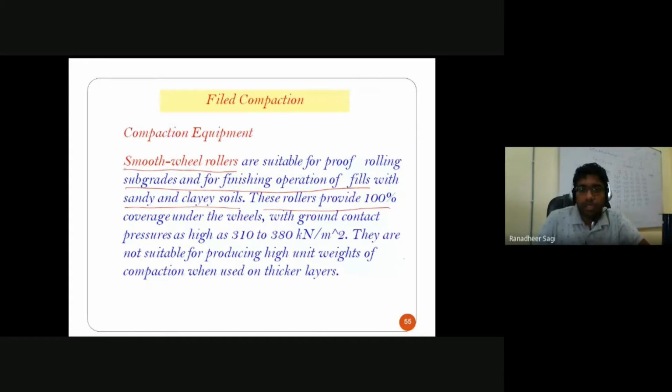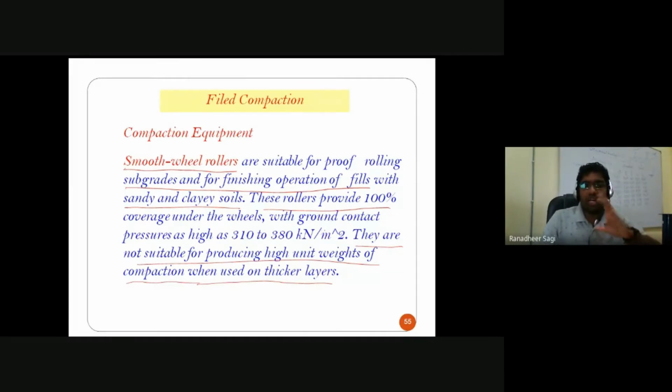But these particular rollers are not very suitable for producing high unit weights of compaction. In the sense, whenever you want more compaction to be achieved in a particular soil, the smooth wheel rollers may not be very effective in achieving higher densities in the field.